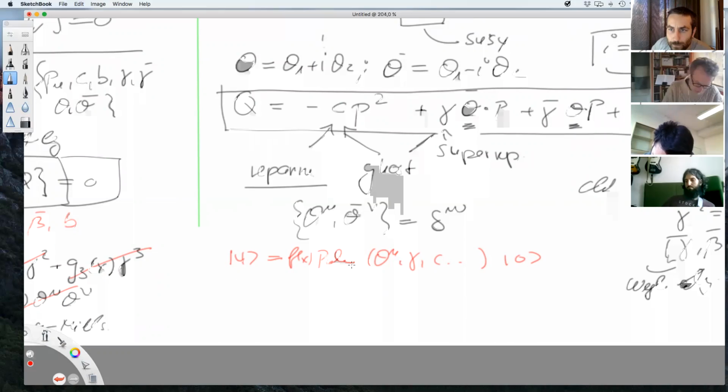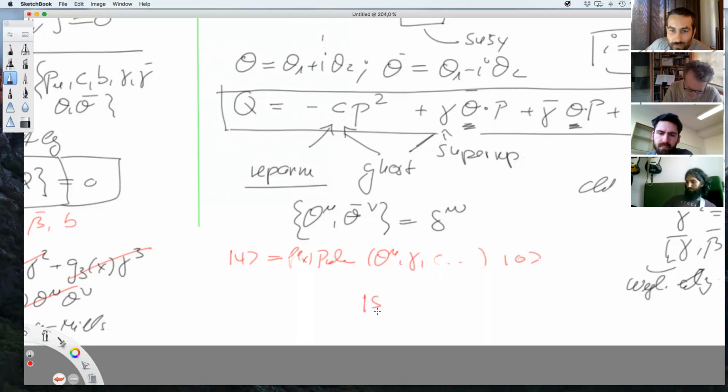If I wanted to mimic the Ramond sector, I would instead impose that there is some ground state S, and then I impose that the theta mu's, for instance, will be equal to 0.